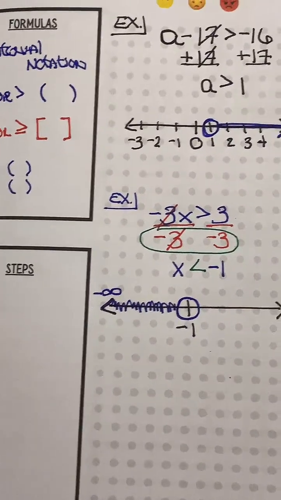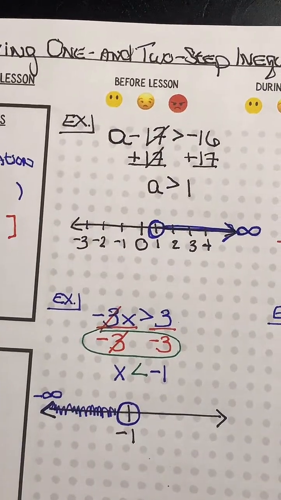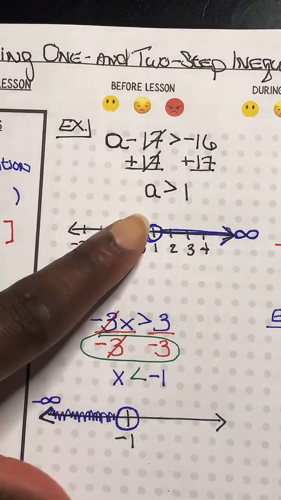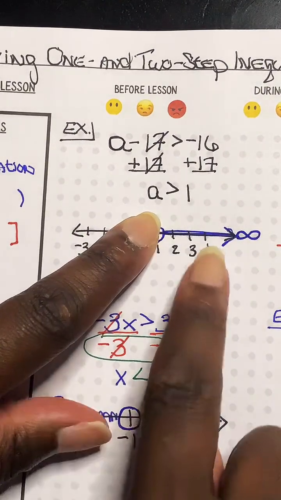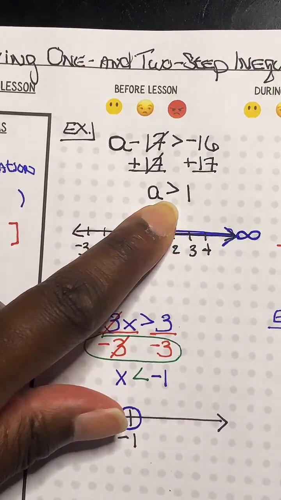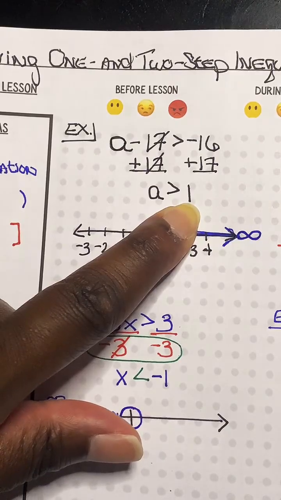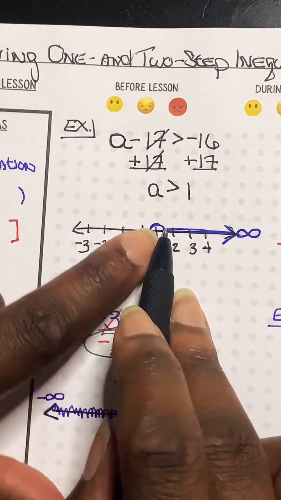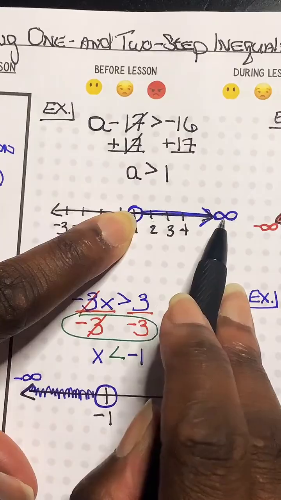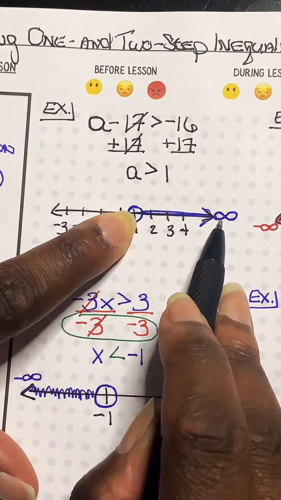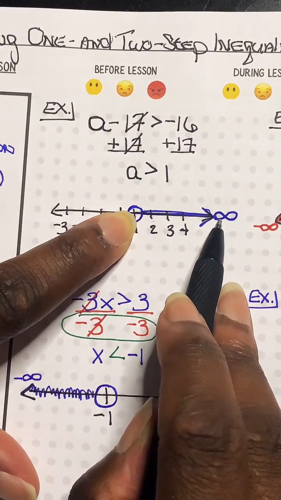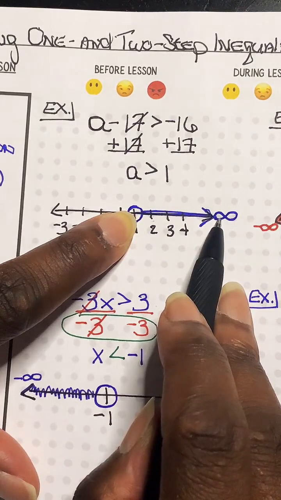So if I may go back, especially for those that like the intervals. If I'm looking at, say, this first one, a is greater than 1. If I were to write this in interval notation, remember when I shaded, it went all the way up to positive infinity. Now, when you put it in interval notation, you always start with the lowest number.